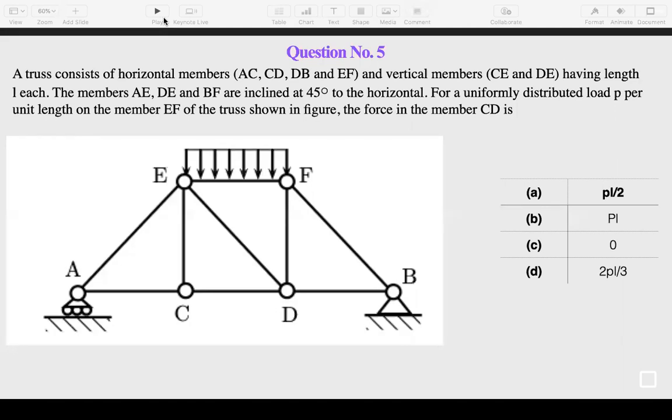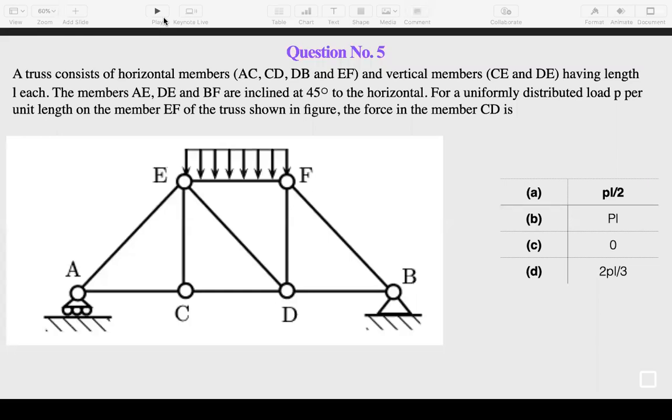For that purpose, the first thing we have to do is draw the FBD of the complete truss. Once we have drawn the FBD of the complete truss, we can find the reaction at a support. At point A there is a roller support, and at point B there is a hinged support.